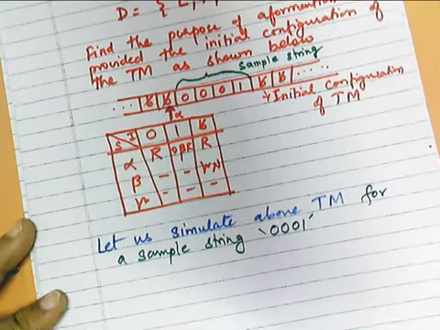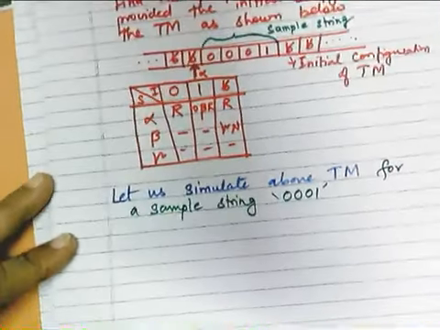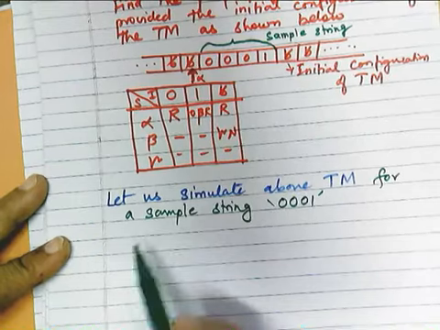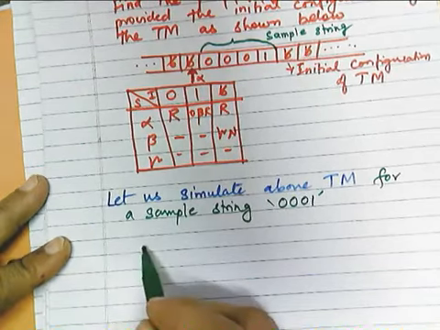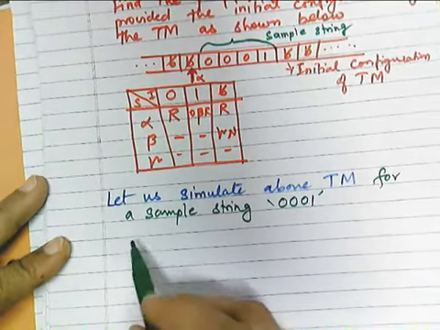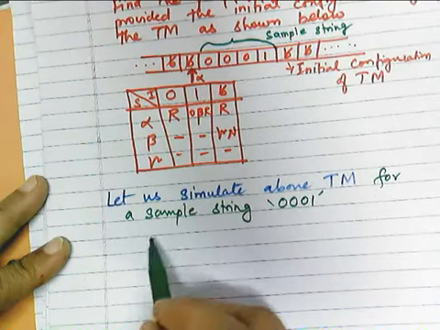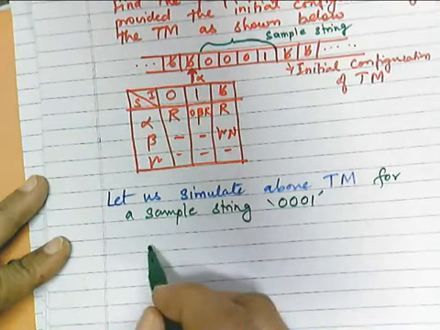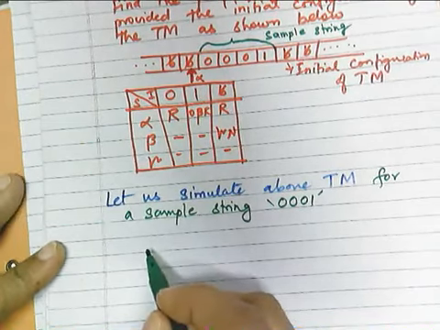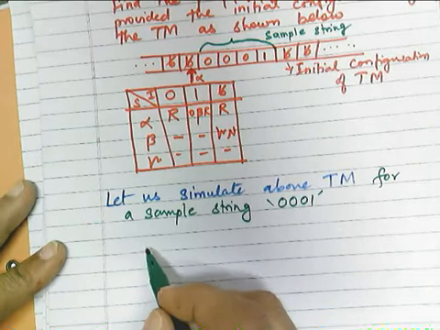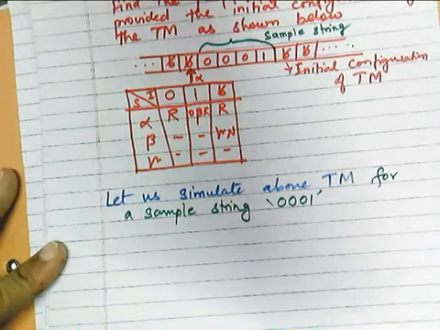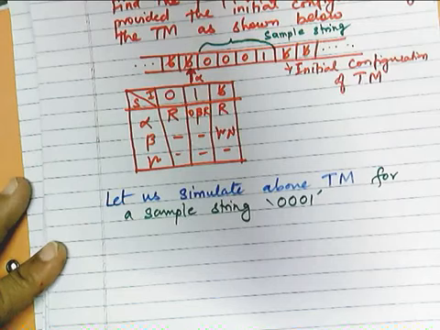Now how do we simulate the Turing machine? For simulation we start with the ID representation. So what is our ID? As I have told you, we always write the state to the left of the symbol to be read.